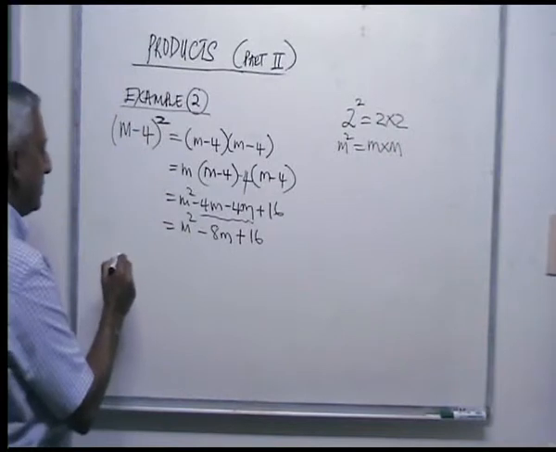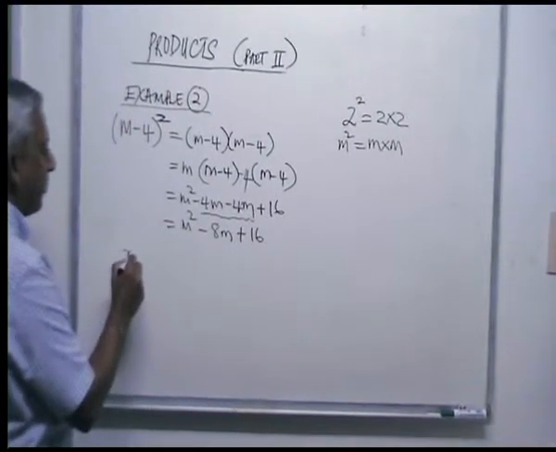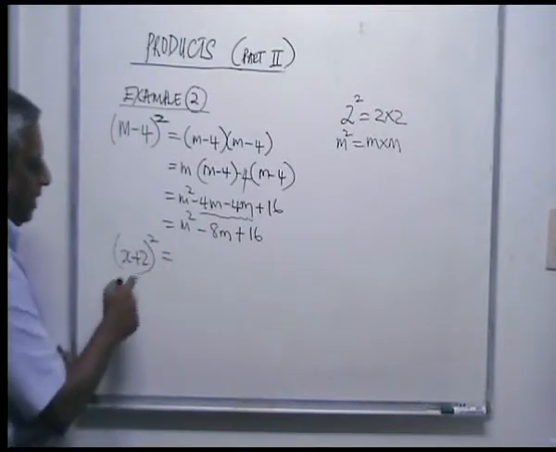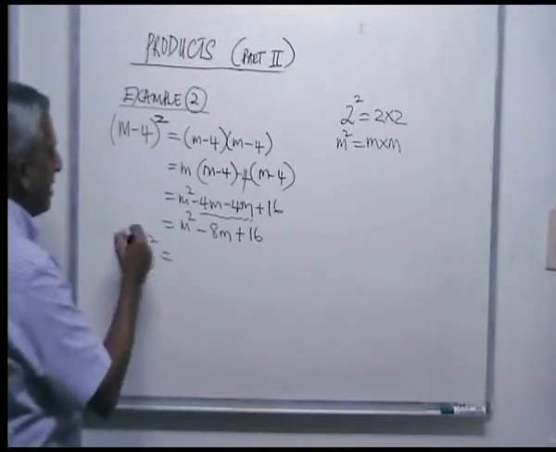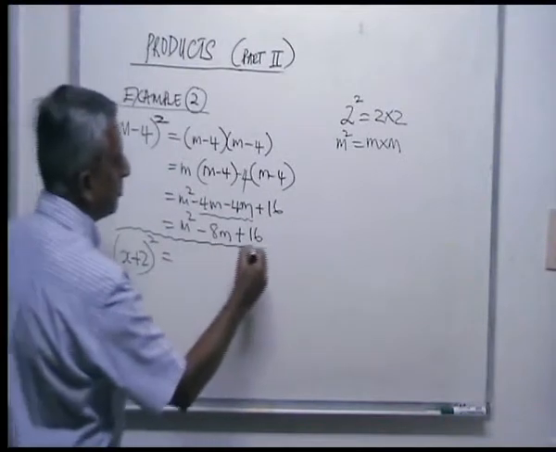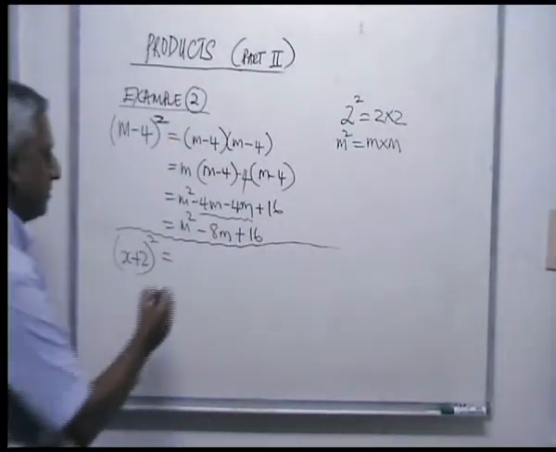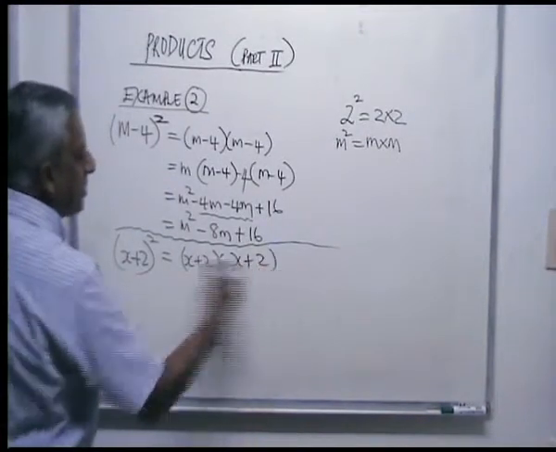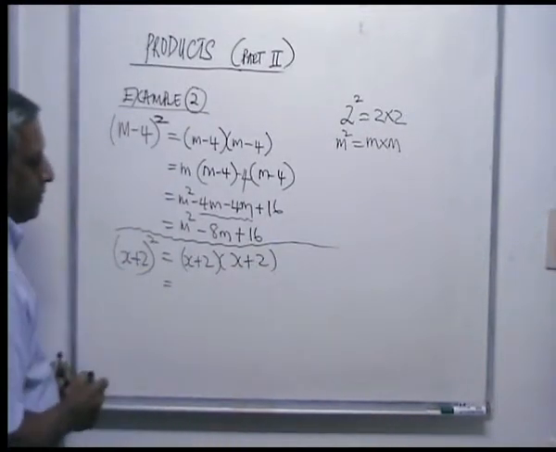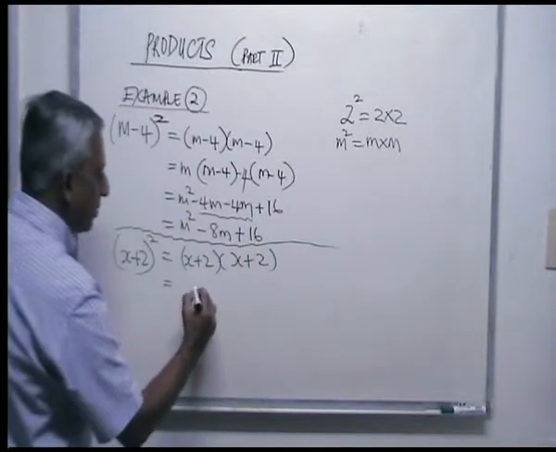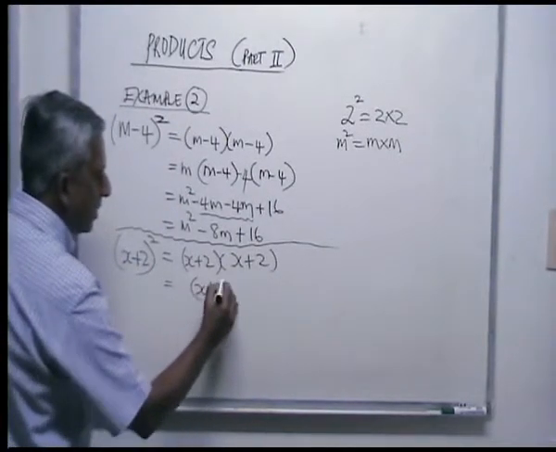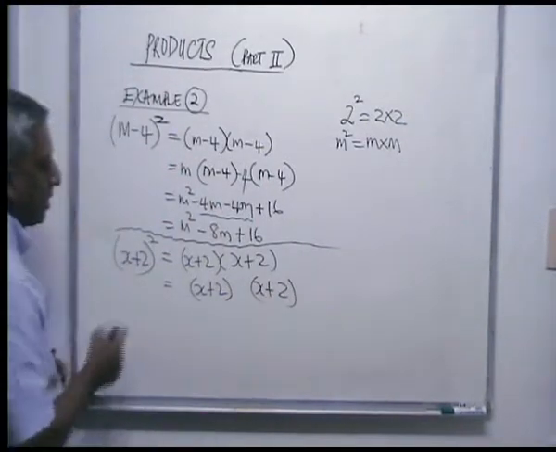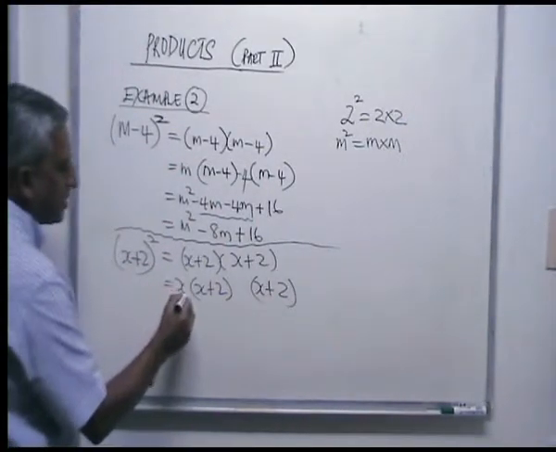Alright, let's just do another example just like this. Say we had x plus 2 all squared. Because it is squared, I must write the bracket down 2 times. So it will be x plus 2, x plus 2. Now, the second bracket will be written down 2 times. In the front here, we're going to write x.